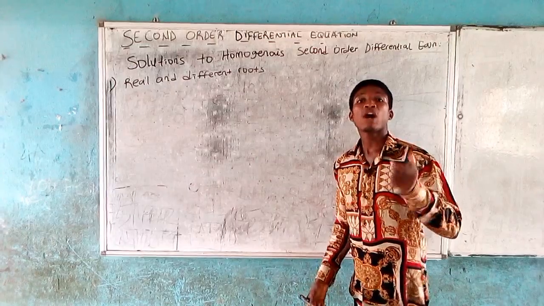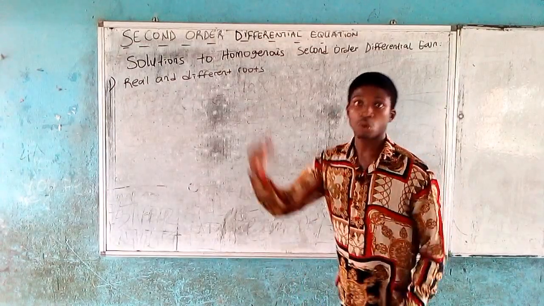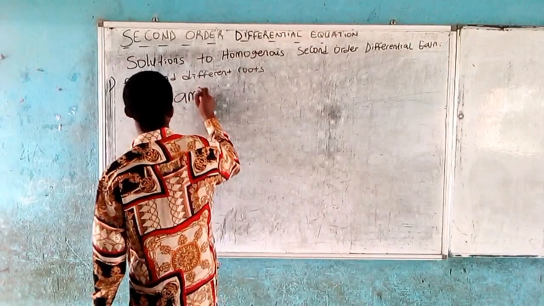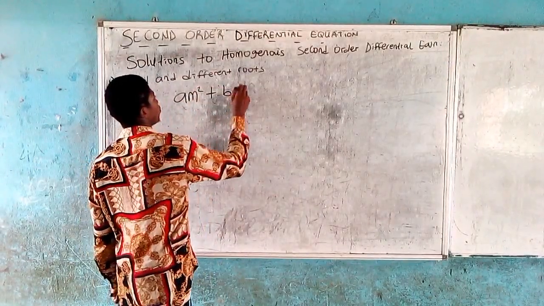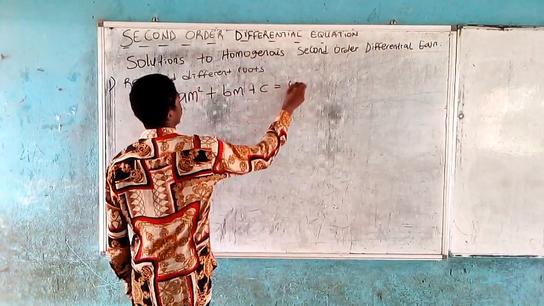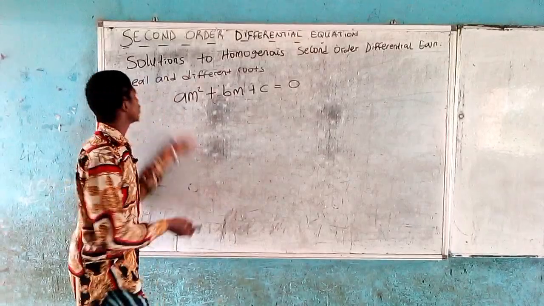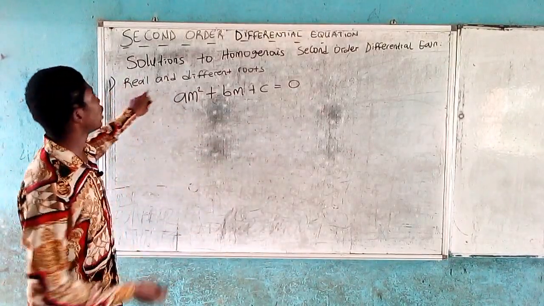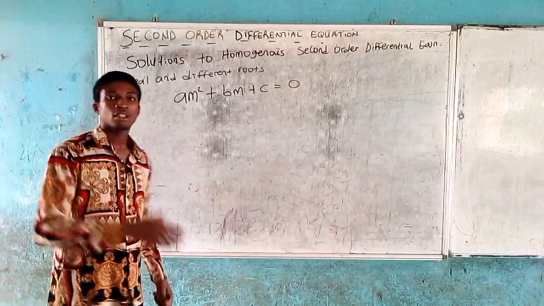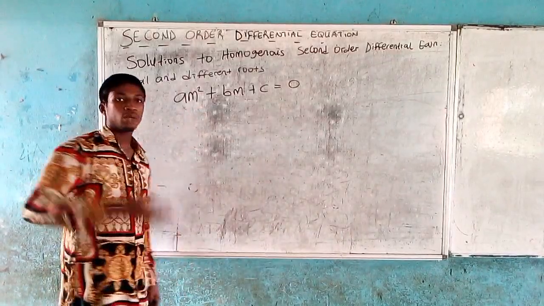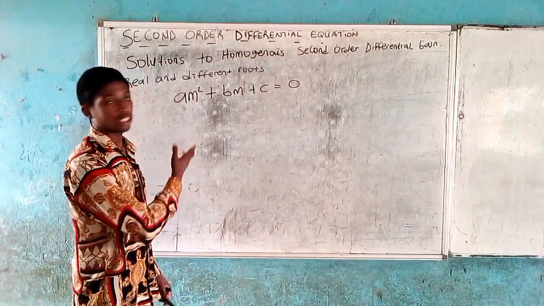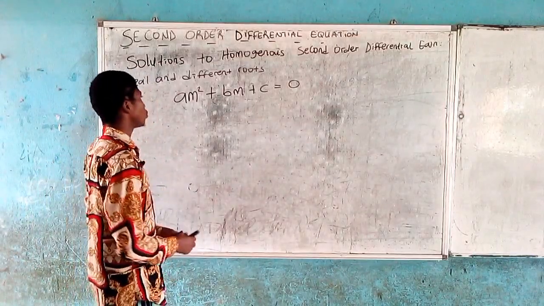Now, from our auxiliary equation, which is the quadratic equation am squared plus bm plus c equals 0, this case is called case 1, the first case, real and different roots. When we solve for the value of m, it gives us 2 roots, because it's a quadratic equation.